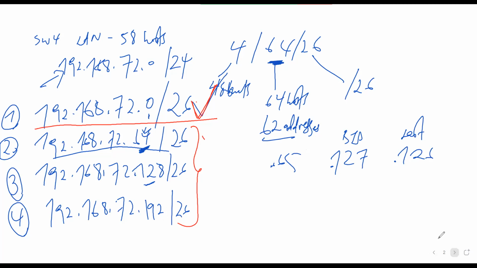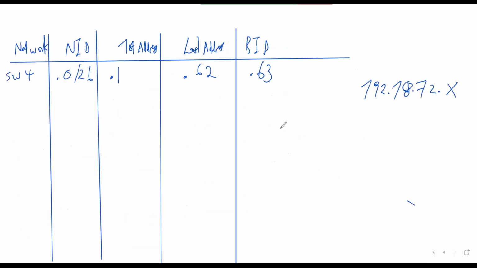So for the first network, we have the network ID complete. Switch 4 LAN, first network address 192.168.72.1, last address .62, broadcast address .63. Our Switch 4 LAN is done.